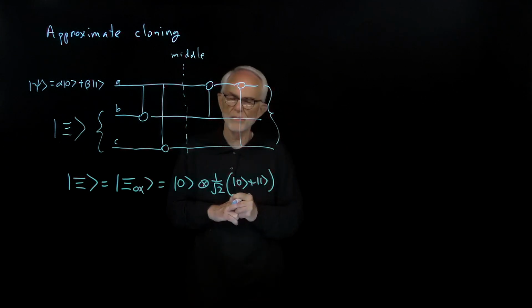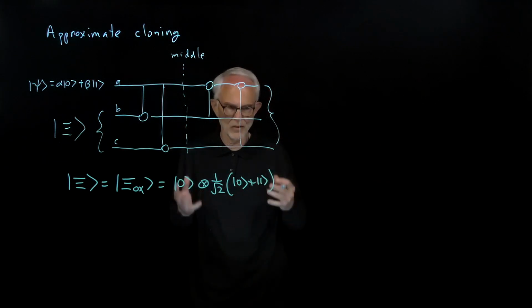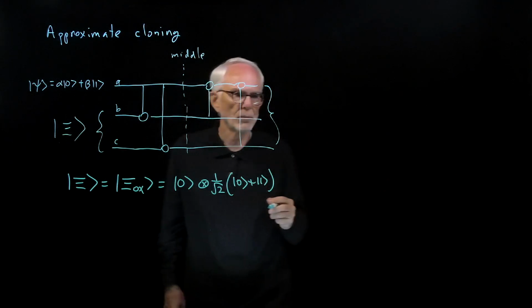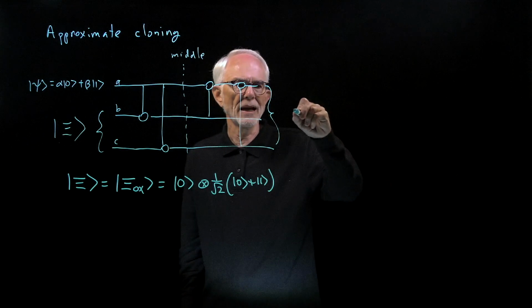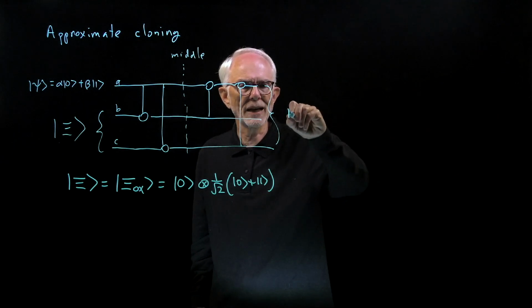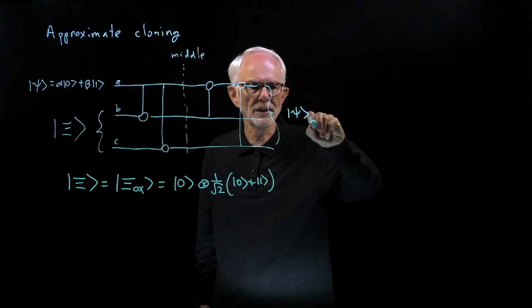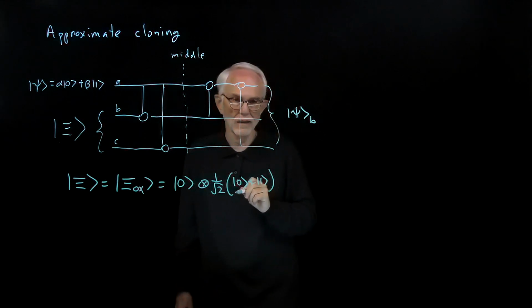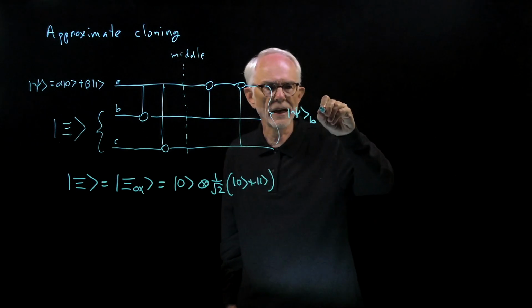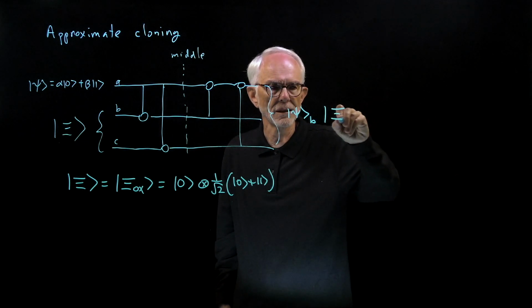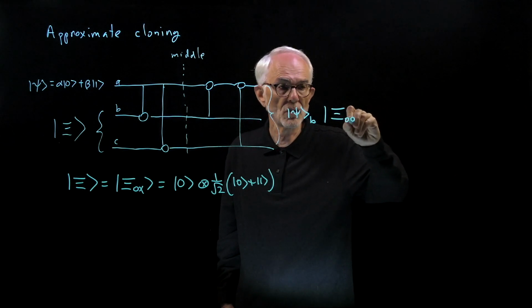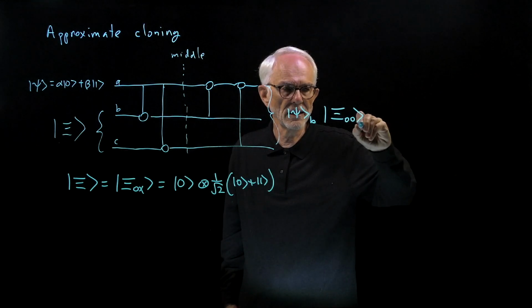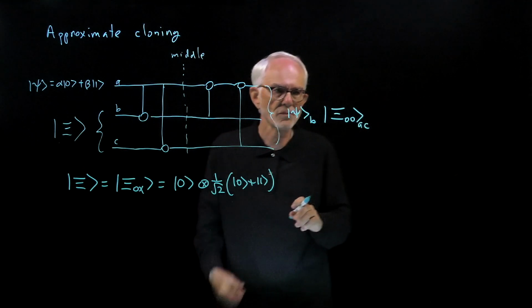Well, it does exactly what I suggested we want to do. It produces an output state where the psi is now in the B line, times |00> in the A and C lines.